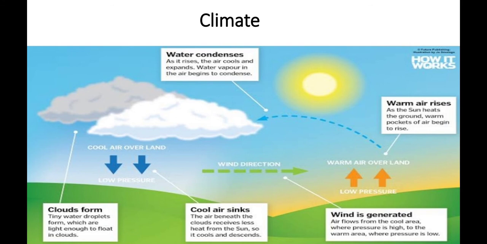The hot air expands and rises till it meets the cooler upper air, and then it condenses and forms clouds. By late afternoon the sky becomes cloudy.